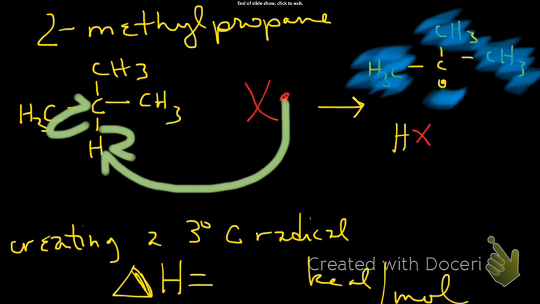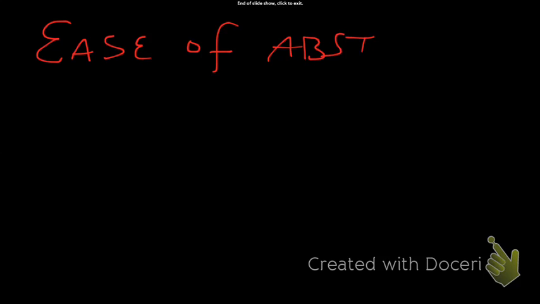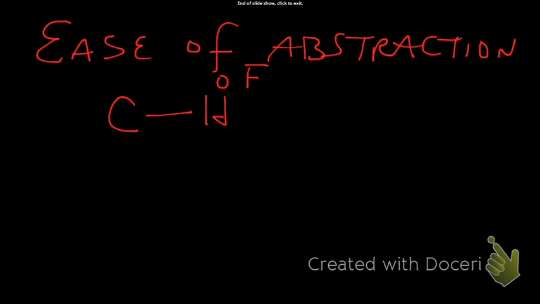So what kind of energy is this going to require? It goes from 94.5 kilocalories per mole for a secondary radical down to 93 kilocalories per mole for the tertiary radical. So let's summarize what we've known so far. What we've been talking about is the ease of abstraction of the hydrogen from carbon.